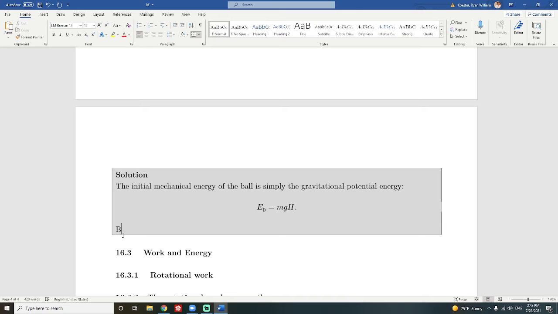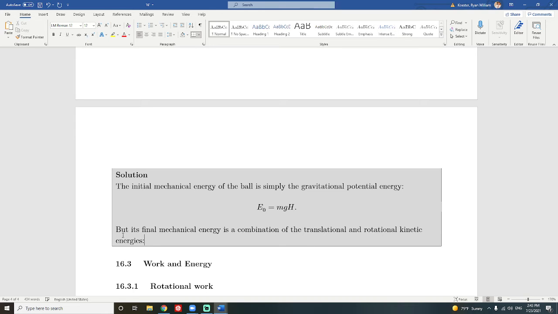So let's say its final mechanical energy, and this is if we set the bottom of the slide to be at y equals 0, which I think is a very sensible choice, is a combination of the translational and rotational kinetic energies.